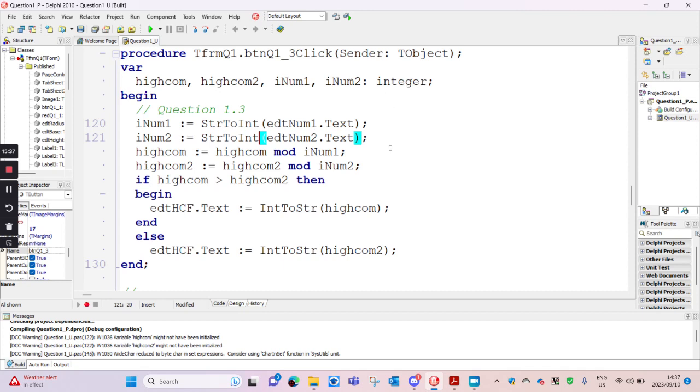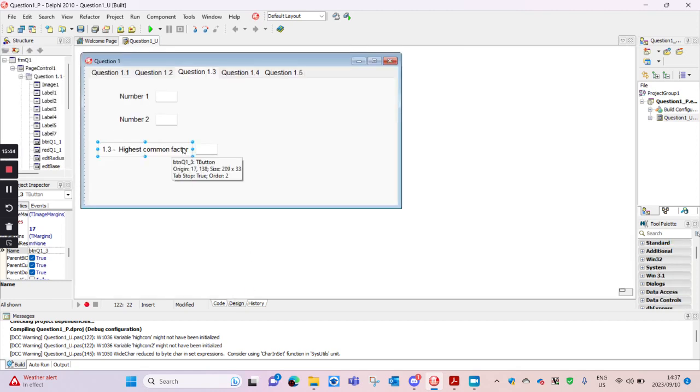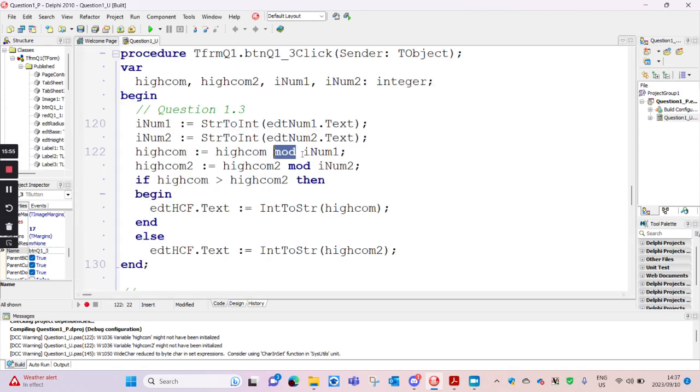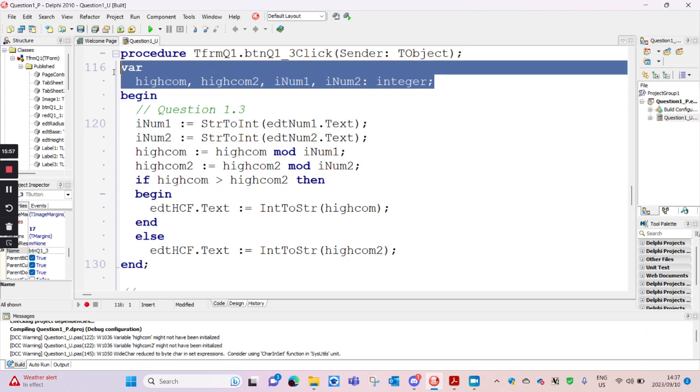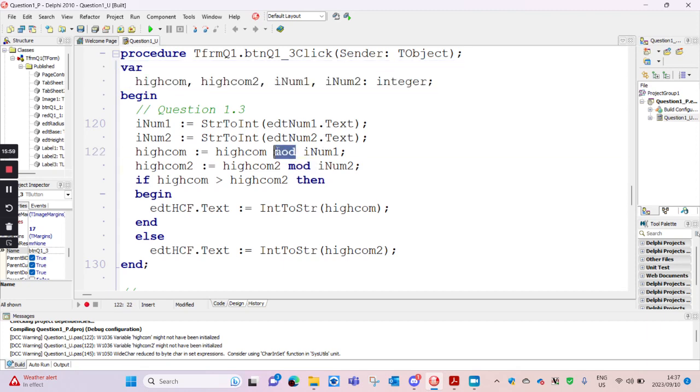Double is not better. For one reason, then we couldn't use mod. But over and above that, remember all factors. Factors are whole numbers. They are integers. You don't get a fraction as a factor. So highest common factor, that must be an integer. So that's why we should stick with integers. So this is perfect. You must go integer, and that helps us with our mod as well.